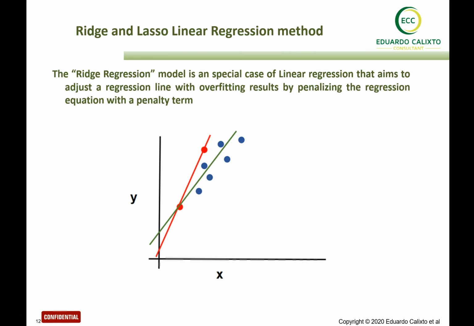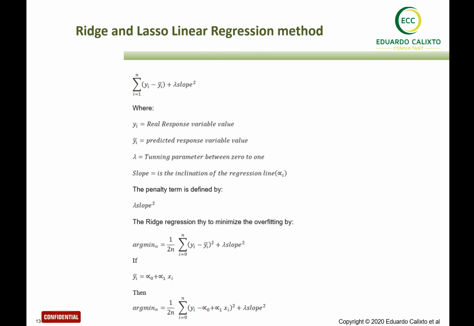That's the same for Lasso regression. So if you look at the equation of Ridge linear regression, we have the same term that we have in the linear regression. In here we have lambda times slope squared. The lambda is higher than 0, so you can put, for example, 1 or 2, and the slope is the slope of the equation.